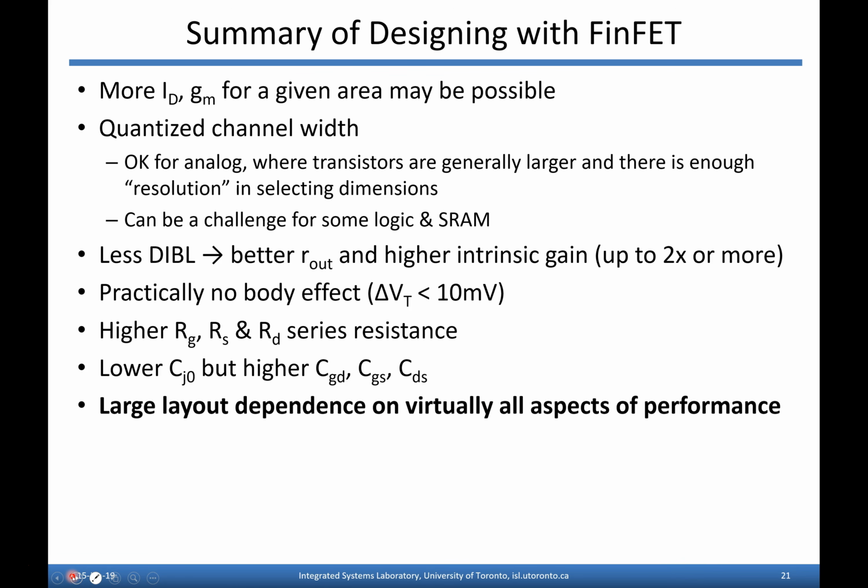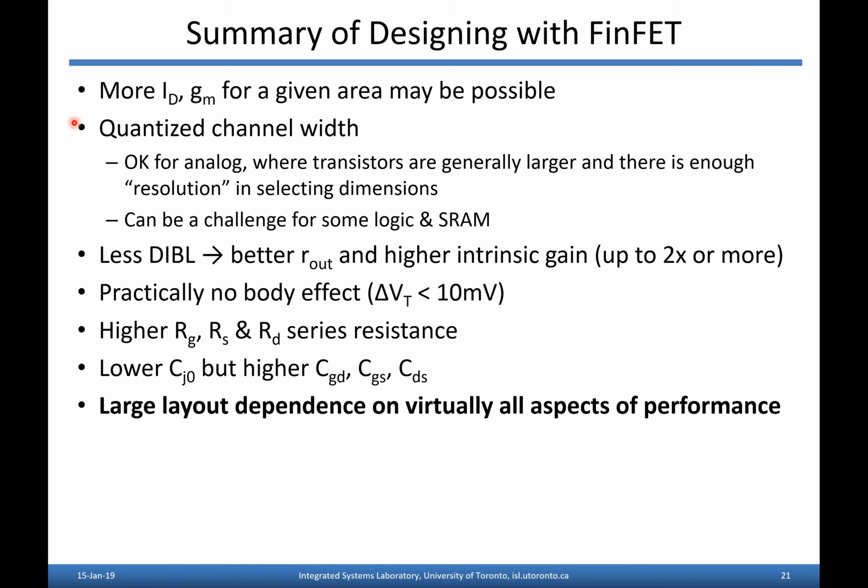So just to summarize some of the things we talked about so far. With FinFETs, the geometry is more compact, so you can get more drain current and more transconductance for a given area, as long as you deal with the self-heating and electromigration problems that we're going to talk about in a sec. You've also got quantized channel widths.